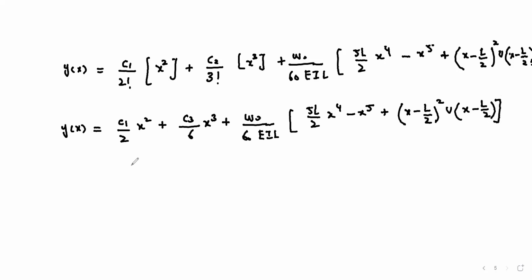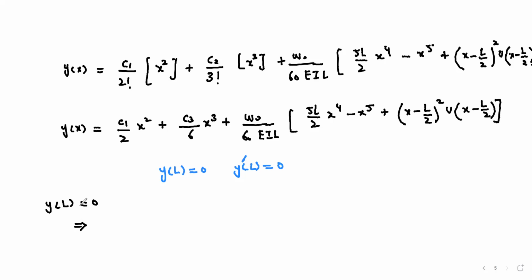Okay, students. Now you know that we are given another condition. The another condition was y of L is equal to 0 and y prime of L is equal to 0. So we want to use this condition. So first if we use this condition, y of L is equal to 0, we get the equation of this form.